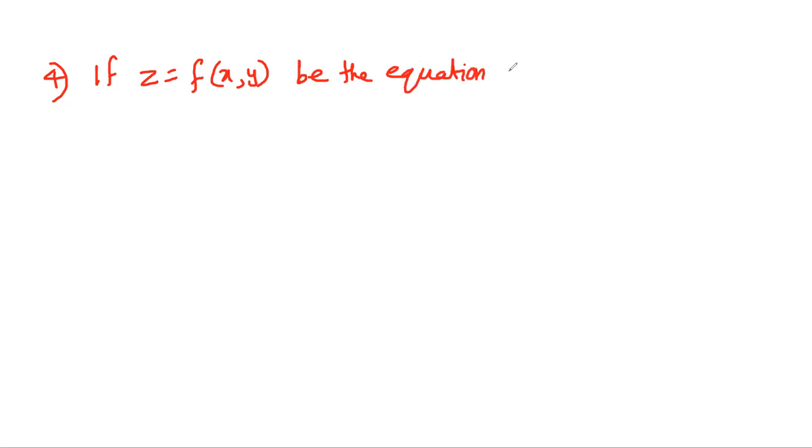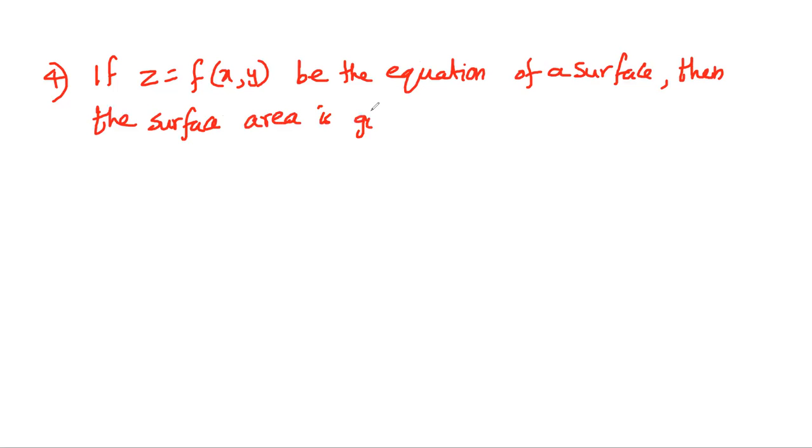Next, the fourth one: if z is equal to f of x comma y be the equation of a surface, then the surface area is given by a double integral.